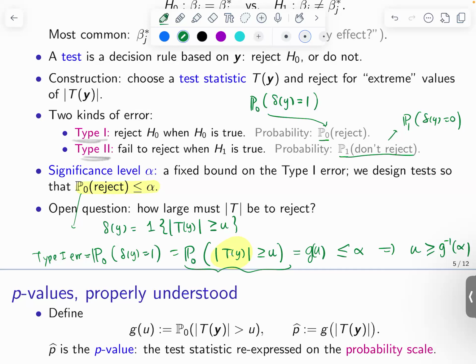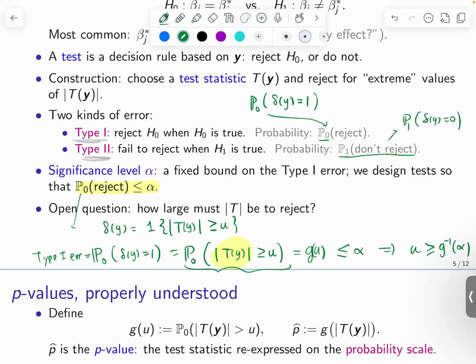The reason the inequality is switched is because G is going to be decreasing. As you increase u, the probability goes down. When you apply a decreasing function with a unique inverse, it reverses the direction of the inequality.